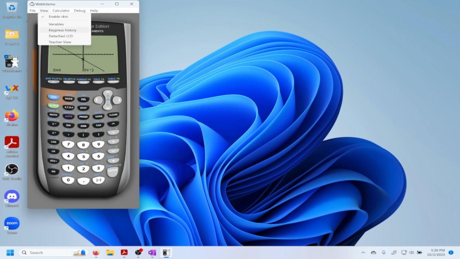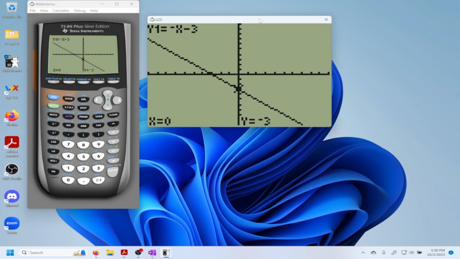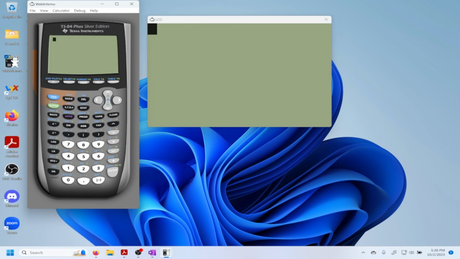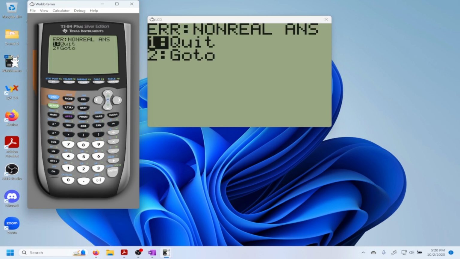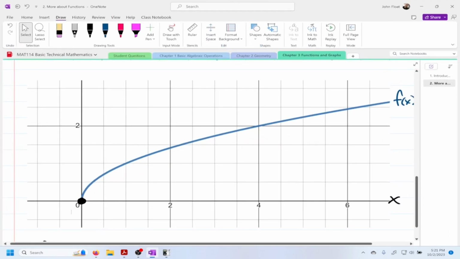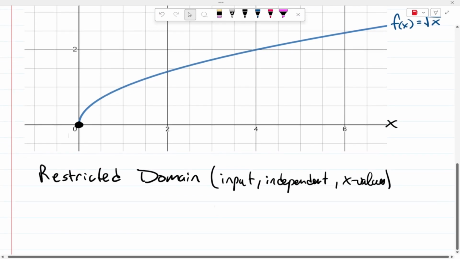And I'll just detach the LCD so we can see it. So even your calculator knows, hey, square root of -4. It says, wait a minute, that's a non-real answer. That doesn't mean an answer doesn't exist. It means the answer is non-real, okay? In fact, the square root of -4 is 2i. It's an imaginary number.